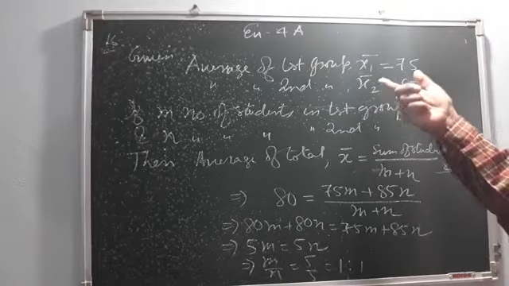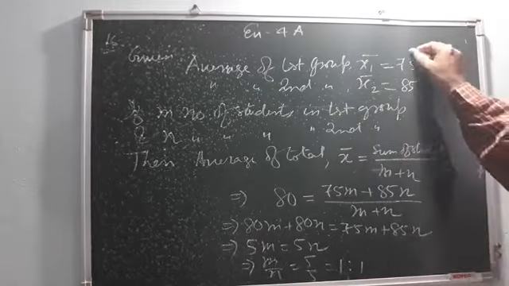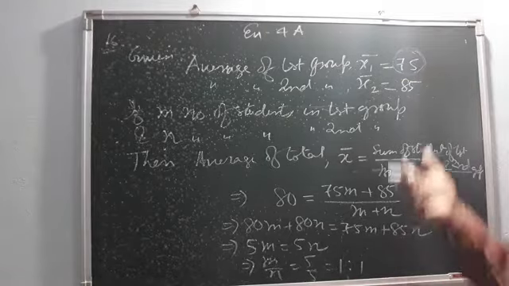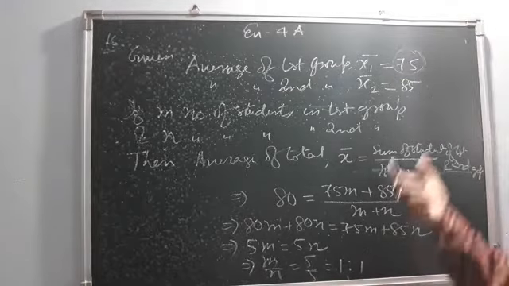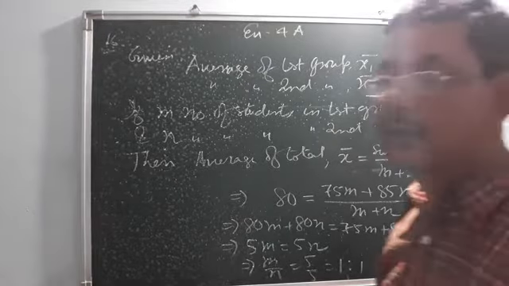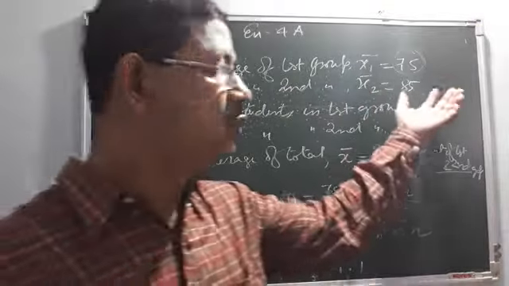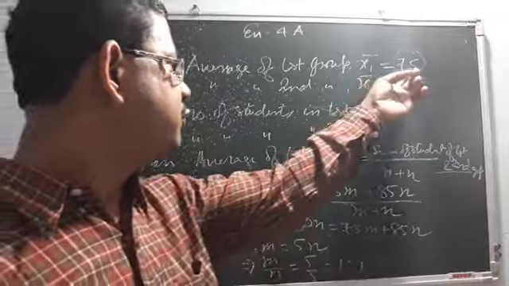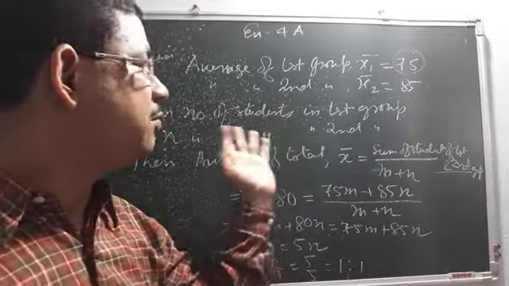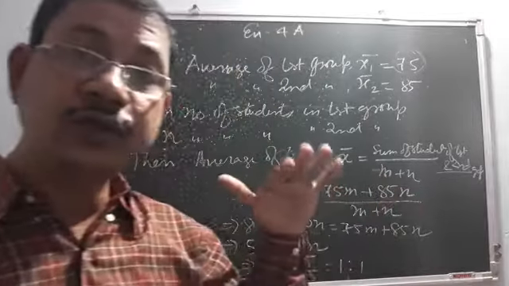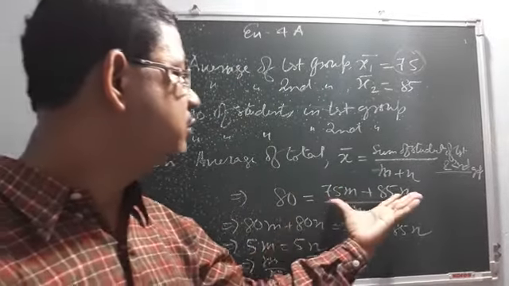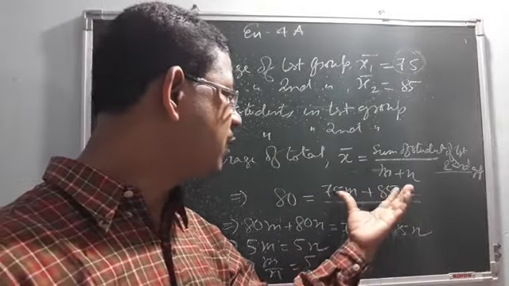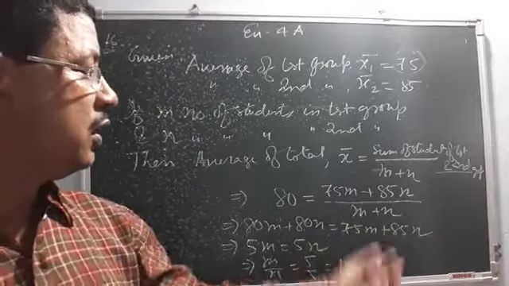So how have we done it? They have given the average. The main thing here is that if we multiply an average by the number of students in the first group, it gives the sum of the students of the first group. If we multiply the second average by the number of students in the second group, it gives the sum of the second group. This is multiplied by m, this by n. That's why the marks of the two groups form the numerator, divided by the total number of students, m plus n.